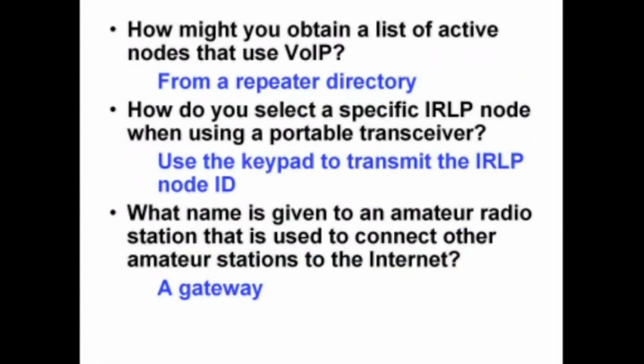How might you obtain a list of active nodes that use voice over internet protocol? Okay, now this is kind of out of the blue, a major change of topic. Some repeaters connect to each other using what's called voice over internet protocol, and it's commonly called IRLP, which stands for Internet Radio Linking Project.